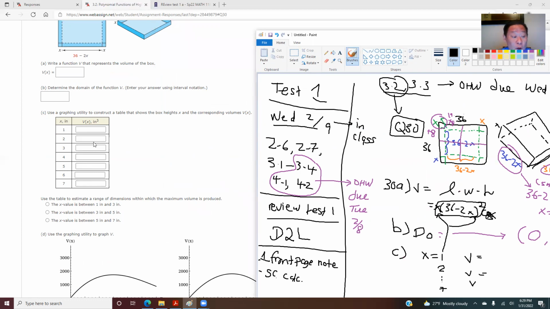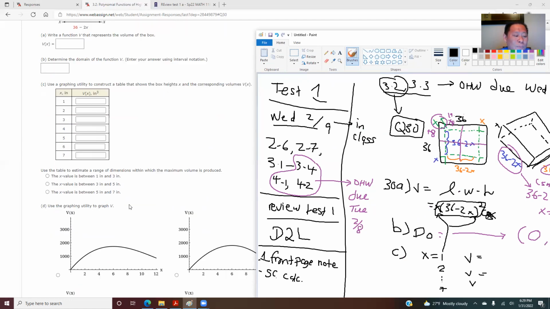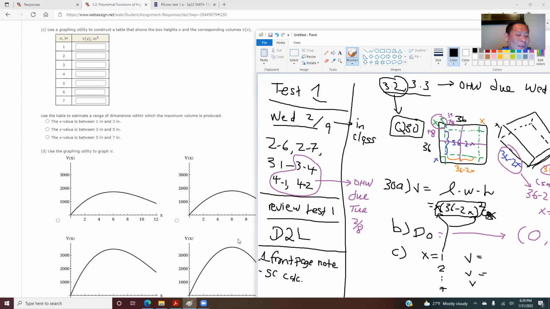I think it's going to be between 3 and 5 because of the graph that you will see. Your V value will start small, and then at one point it will grow to a max, and then at one point it will taper down to low. So the maximum is somewhere in the middle of this.